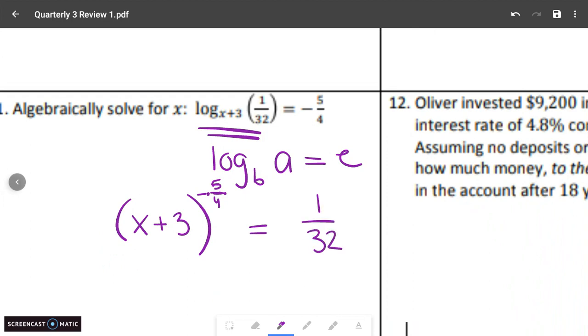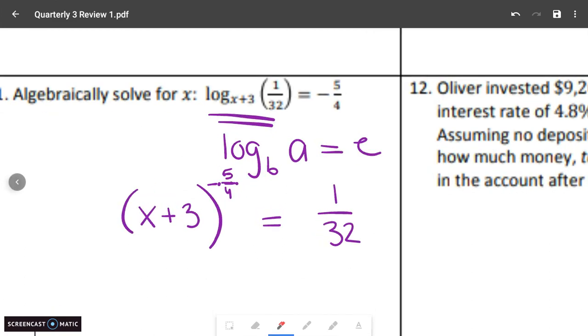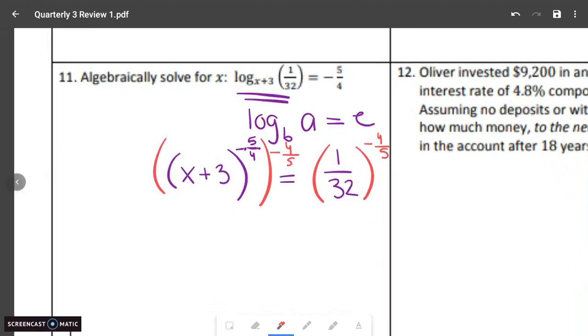Now, before I can do anything, to get rid of this exponent, we know how to handle that. We saw it in the first video. We raise it to the reciprocal, negative 4/5. Okay, so on the left side, this just cancels down to x plus 3. On the right side, we're going to let the calculator do it.